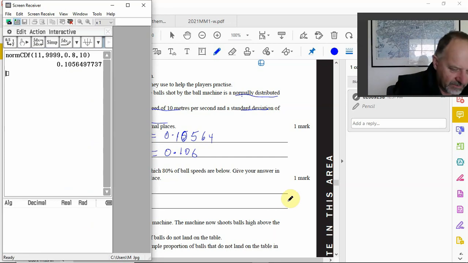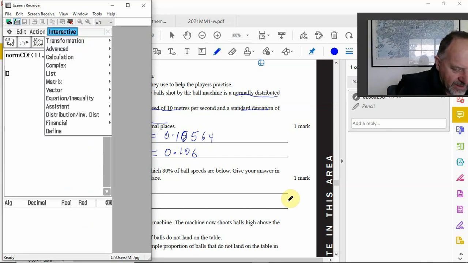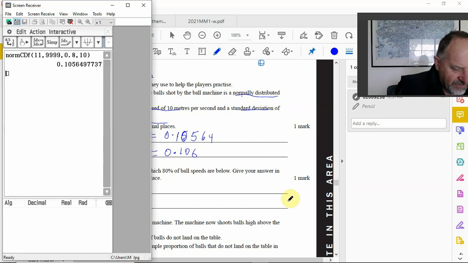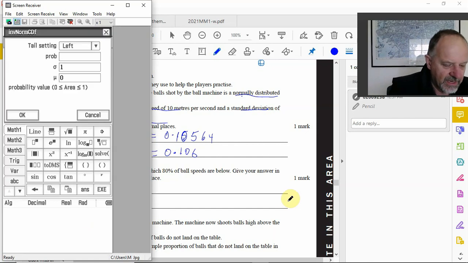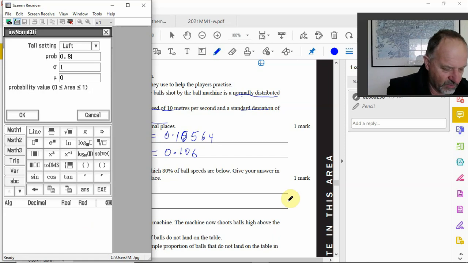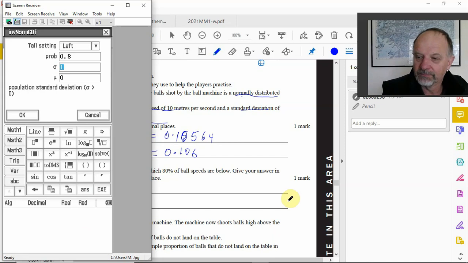And this time, we want the inverse, the inverse normal. We're wanting the less than end, the small end, which is on the left, so the tail setting is correct. We want 0.8 to be our probability, 80% less than that.